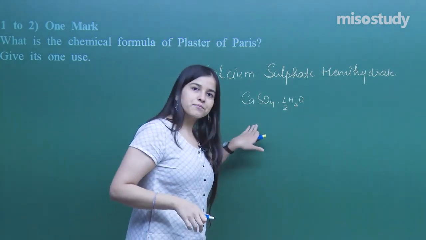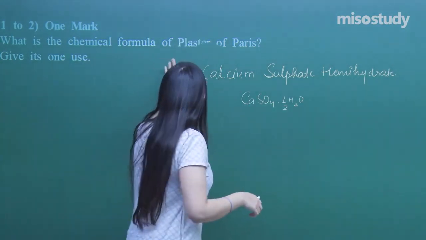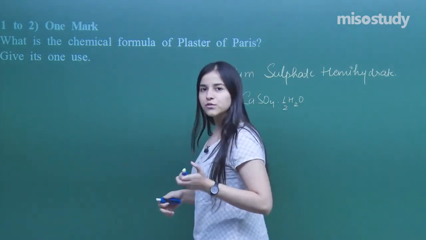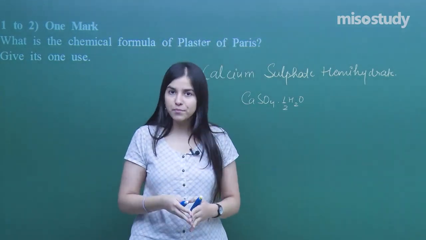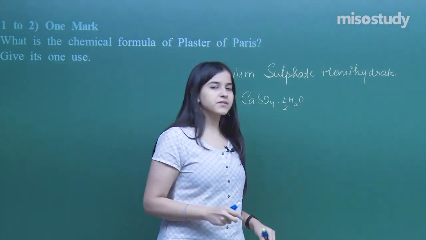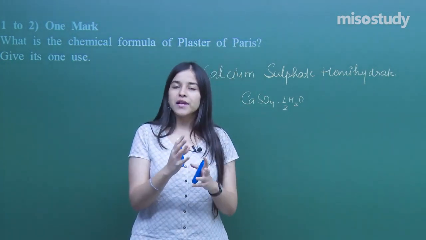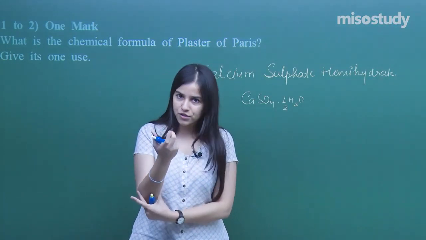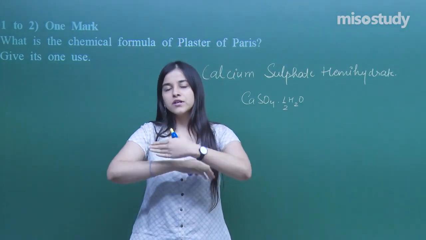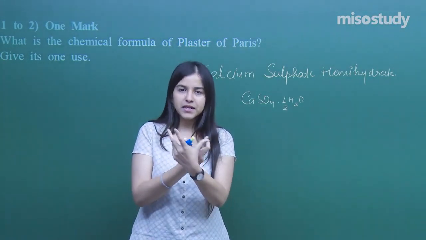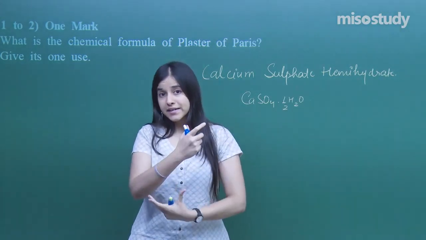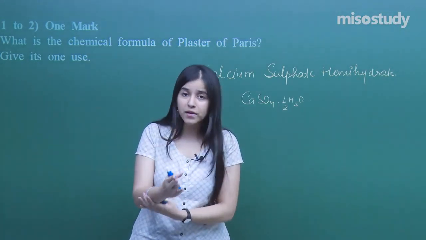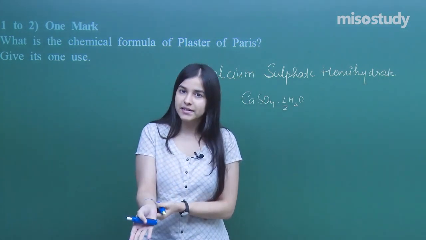They are asking to give its 1 use. It can be used for building materials, and it can be used for medical purposes, just for immobilizing. Let's say I've got a fracture in my hand, so the plaster of Paris will be a covering, a mold covering my entire hand so that it gets immobilized and the bone will get repaired.